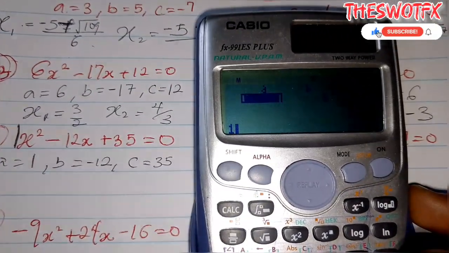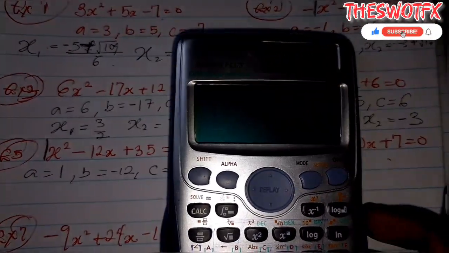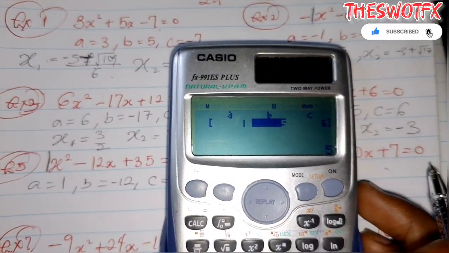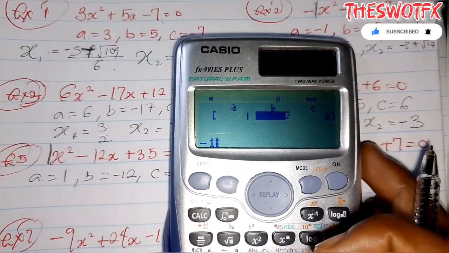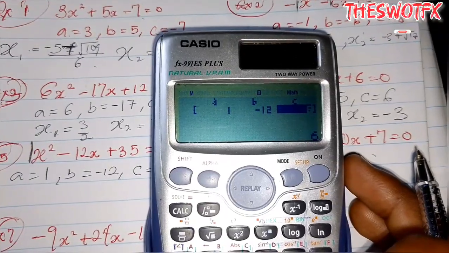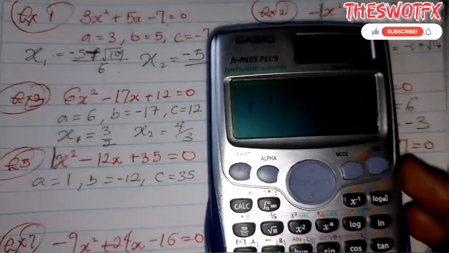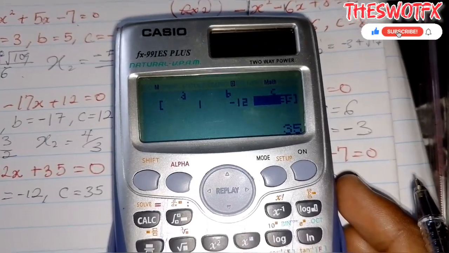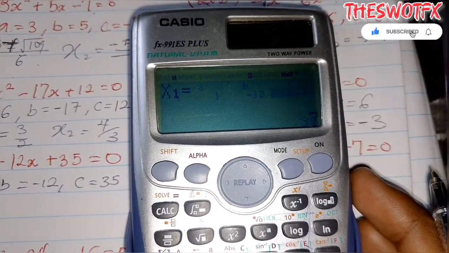A is 1, press 1. B is minus 12, press minus 12. C is 35, press 35. Now everything is being inputted, so press equals to.